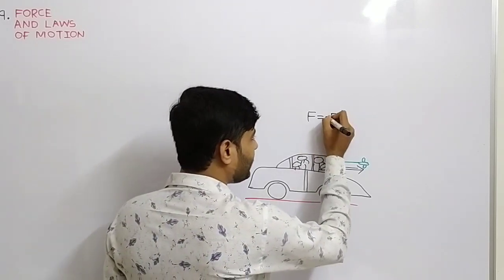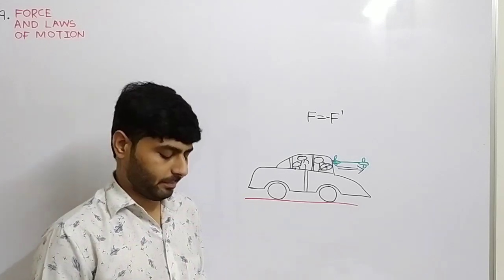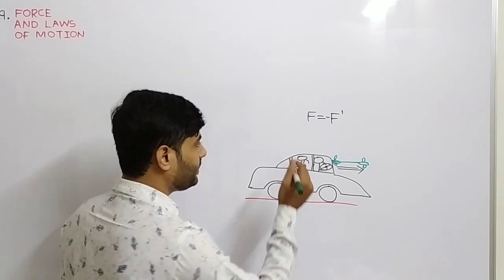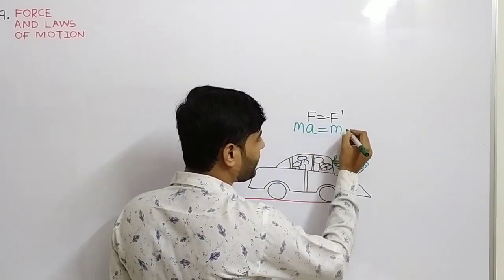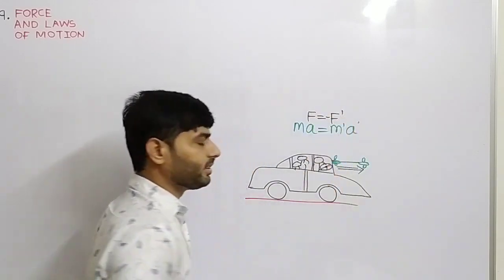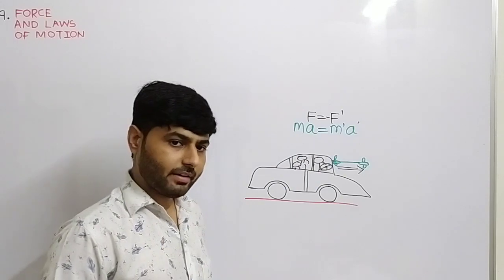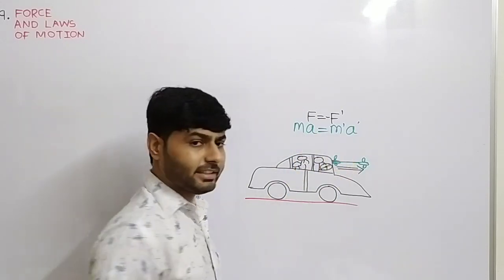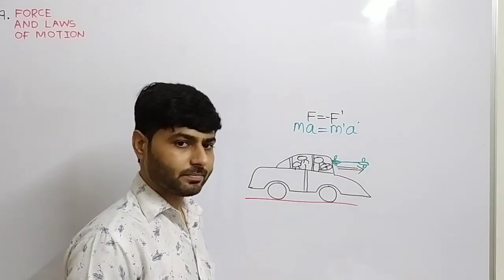So I can write a minus sign here. What is the formula for force? That is mass into acceleration. Suppose m is the mass of the car, a is the acceleration of the car, m dash is the mass of the insect, and a dash is the acceleration of the insect.